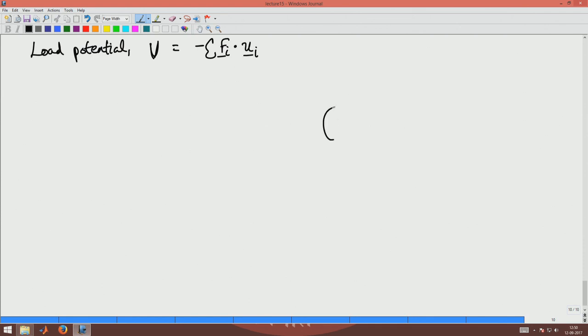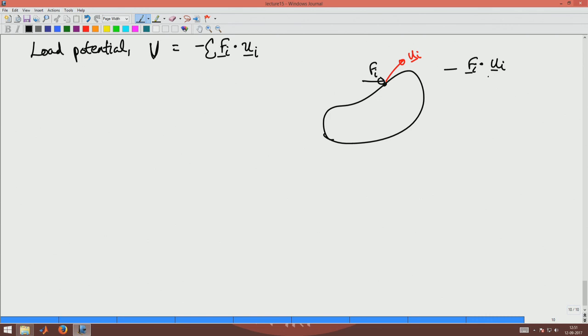So, for example, if I have a body with force F applied at this point and this point displaces by u of i, then it is the work done by this force for it to displace by that distance u of i. Okay. So, the load potential is negative of f i dot with u i. That is a scalar, that is you are projecting f onto u i, the displacement in the direction of the applied force.